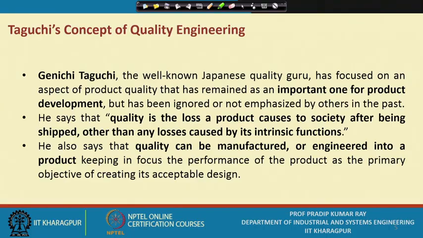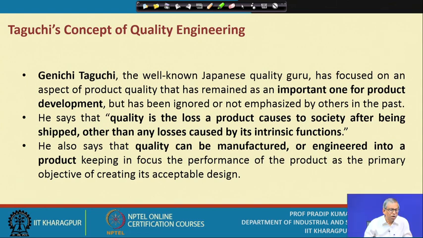Now, he says that quality is a loss a product causes to society after being shipped, other than any losses caused by its intrinsic functions. That means, as I have already mentioned during the first week, that there are different definitions of quality, and the definition given by Taguchi is a unique one, in the sense that he relates quality with the loss, and he calls it a societal loss.